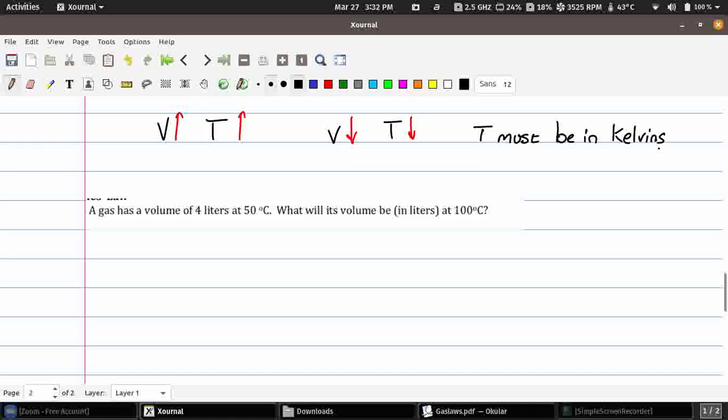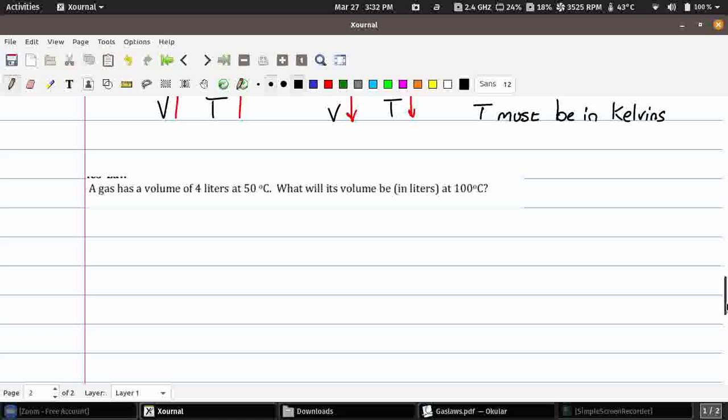If it asks you for what it'll be in Celsius, you're going to have to use the formula and convert it. But anyways, how you set this up is, you have V1 over T1 equals V2 over T2. Basic algebra. So 4 liters equals V1.